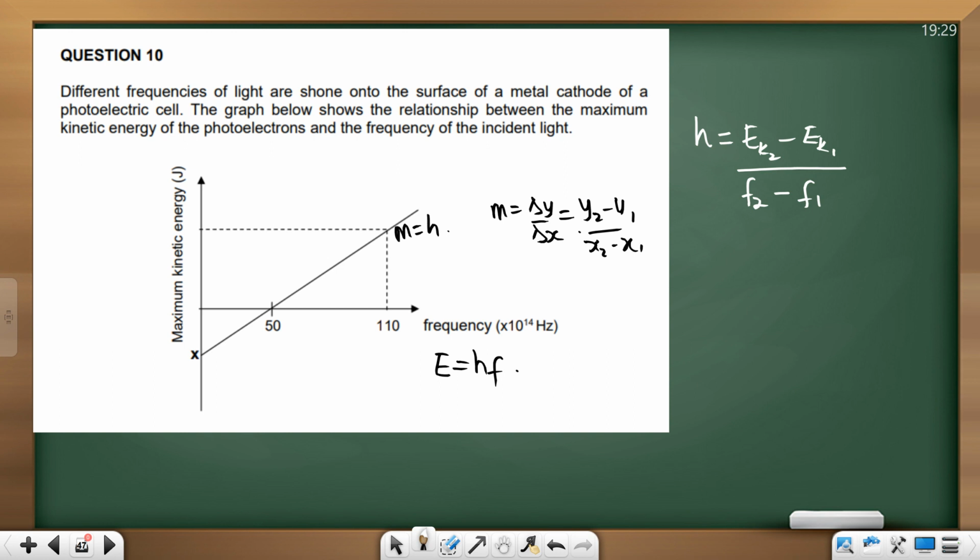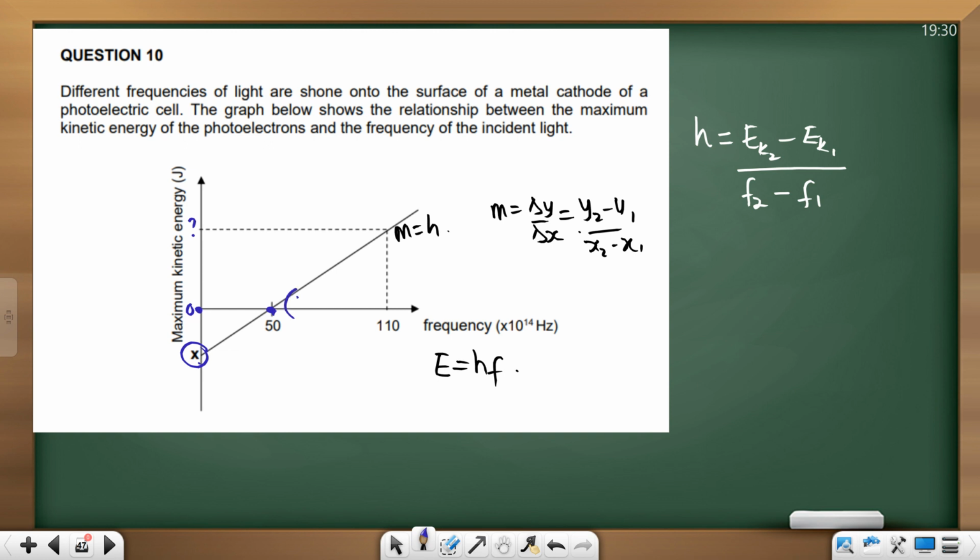Now, I'm looking for X, right? I know this point, so I can use this too. 0 minus x equals 50 minus 0. If we were to write the coordinates, no, we cannot use 110, because I don't have that energy there.